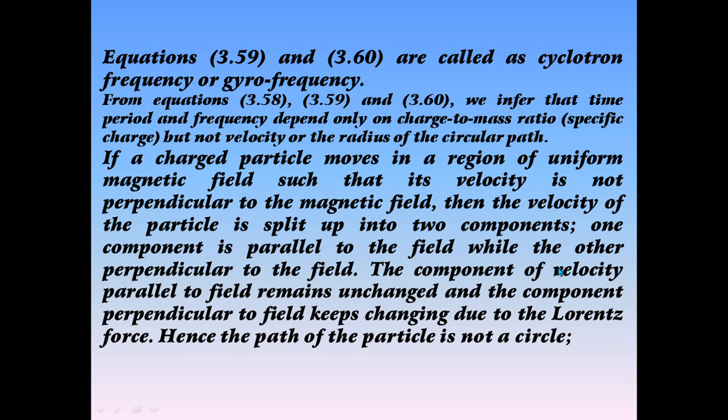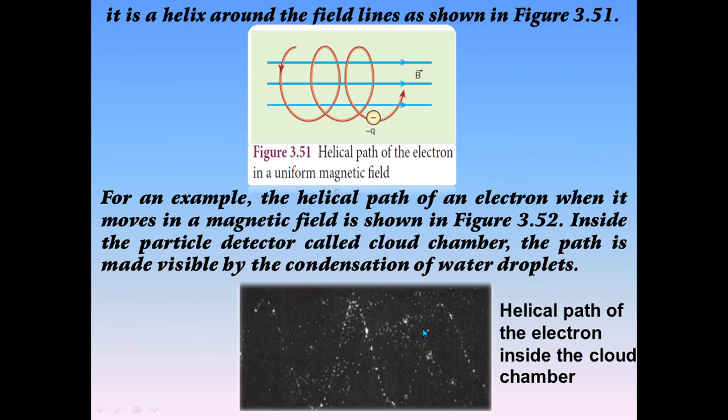The component of velocity parallel to the field remains unchanged, and the component perpendicular to the field keeps changing due to the Lorentz force, because moving charges are affected by the magnetic field. Hence, the path of the particle is not a circle. It is a helix around the field lines, as shown in the figure.